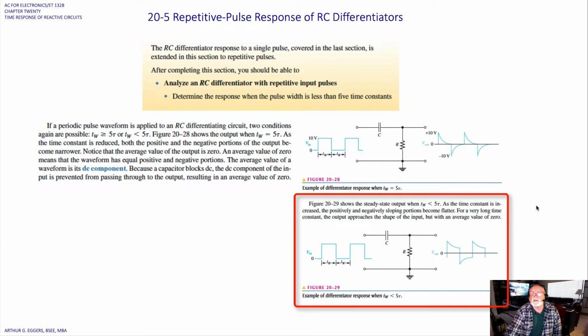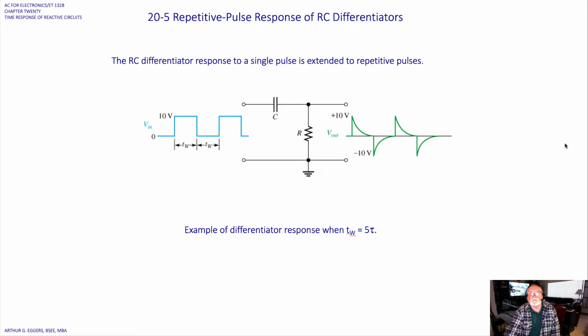As the time constant is increased, the positively and negatively sloping portions become flatter. For a very long time constant, the output approaches the shape of the input, but with an average value of 0. So the thing to remember here is your pulse width equal to 5 or your pulse width less than 5 time constants.